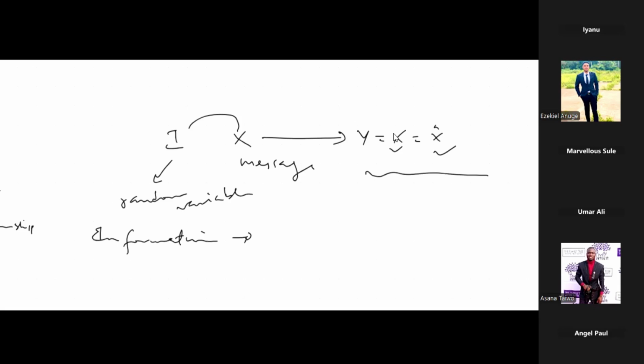Now, if it is the measure of uncertainty associated with the message, then how do we describe this mathematically?